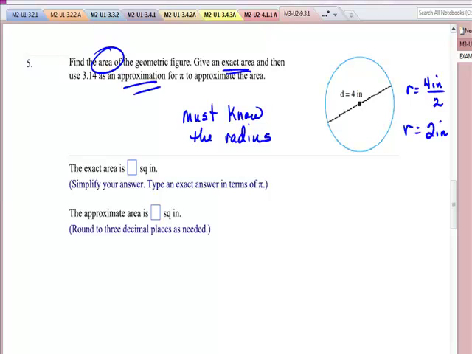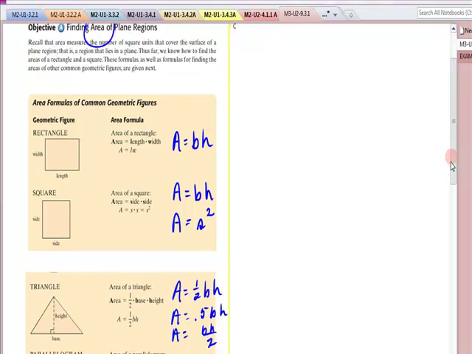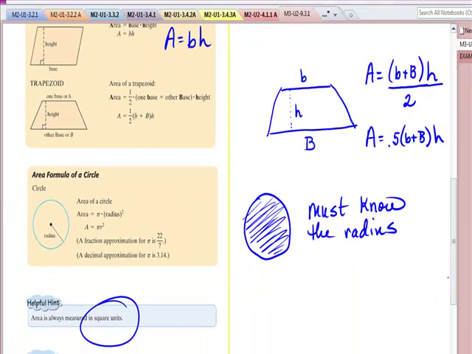It's 2 inches. You have to know that because the formula for the area of a circle, and I may not have even pointed to this, I don't think I did, it is pi r squared, which the area is pi times radius again. Radius squared is not 2 times the radius, it's the radius times itself.